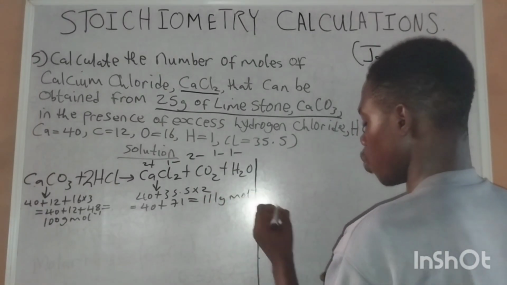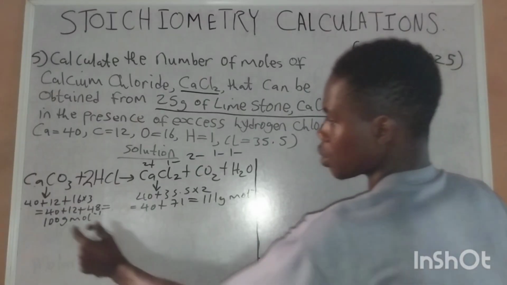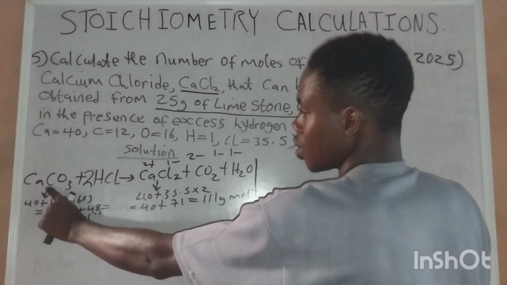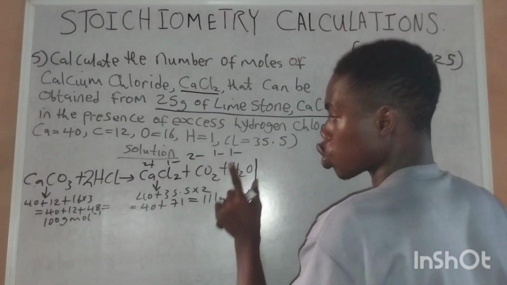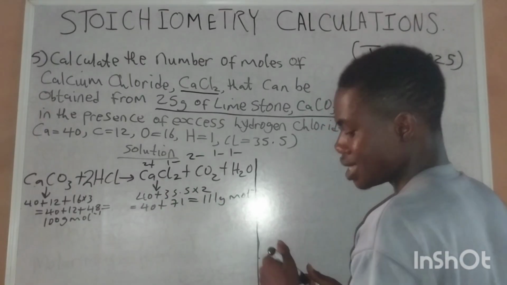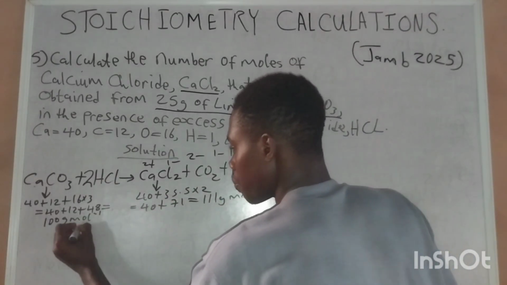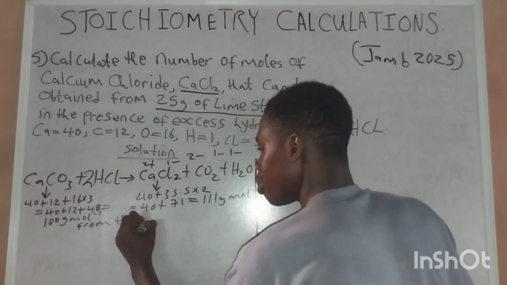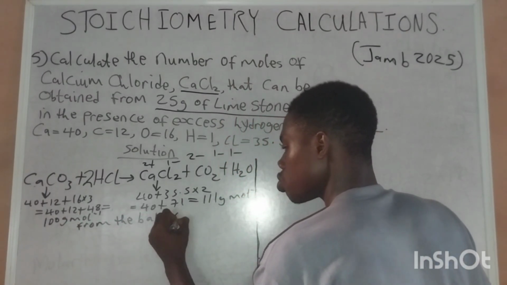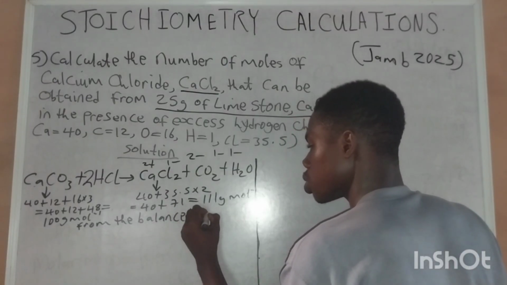So please take note of this. We have now calculated the molar mass of calcium carbonate and of calcium chloride. Now, having found the molar mass, the next step will be from the balanced equation.